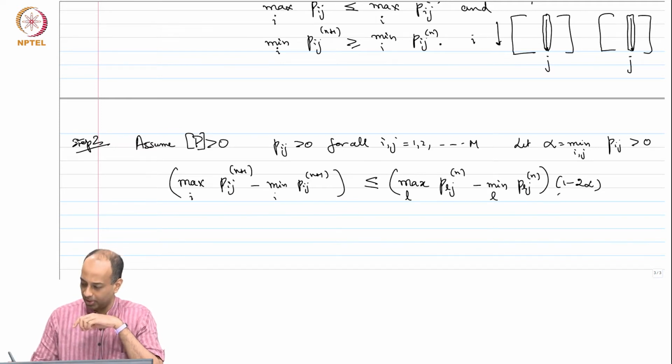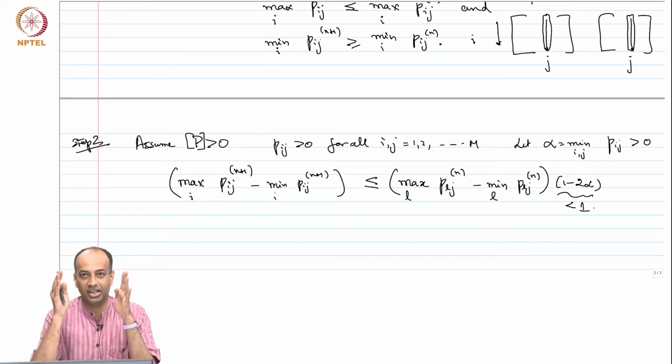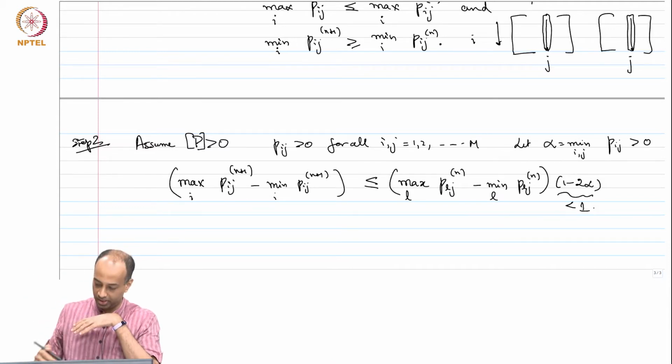Okay, so this 1 minus 2 alpha is some number less than 1, right? So the difference between the maximum entry and the minimum entry in the n plus 1 step transition probability matrix reduces by a multiplicative factor of 1 minus 2 alpha compared to the difference between the max and the min in the n step transition probability.